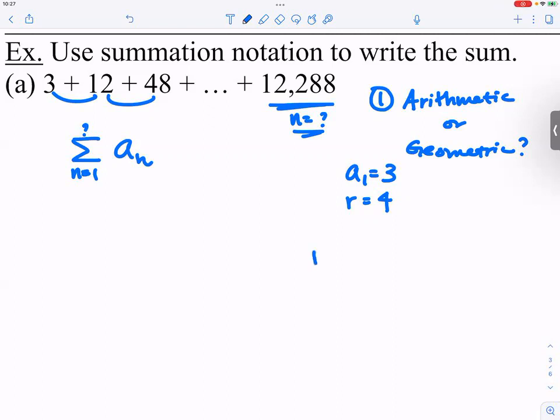We know that this is the an, which we don't know what the n is, but we know the a1 and the r, and we know it's going to be n minus 1 for the exponent. So in that case, we can actually find out what the n is, because n is the only unknown right here.